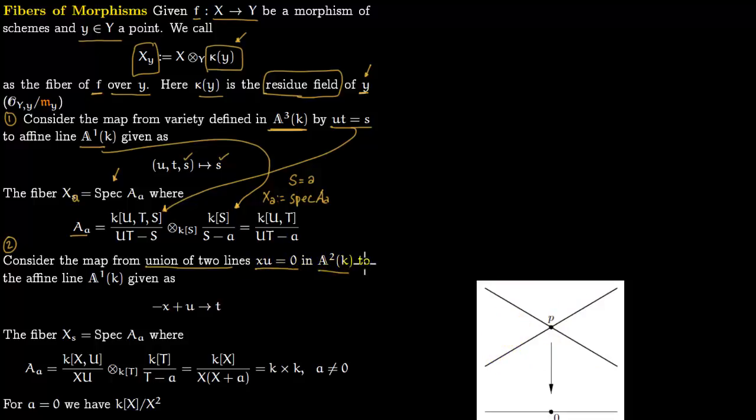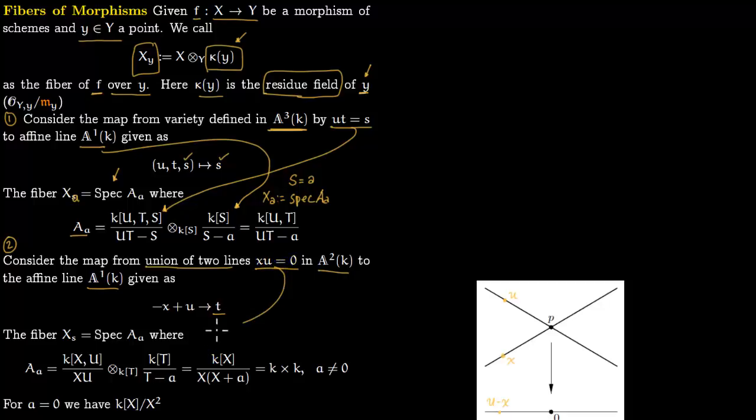This lives in 2-space, and then you are projecting it to the affine line. So this is not a simple projection. You are taking one coordinate here, say u, and the second coordinate here is x, and then you are mapping it to u minus x. So we are writing it as minus x plus u gets mapped to t.